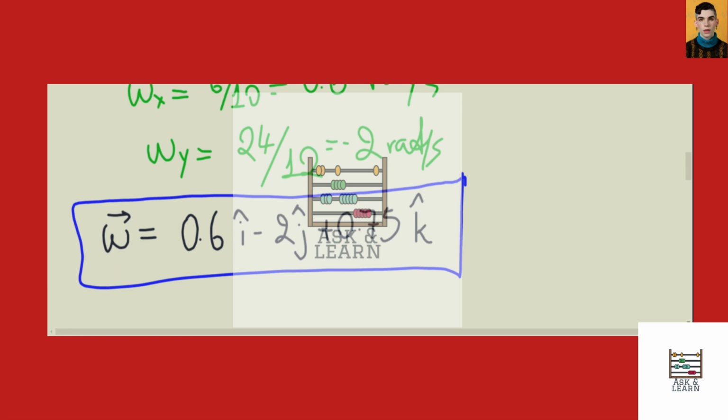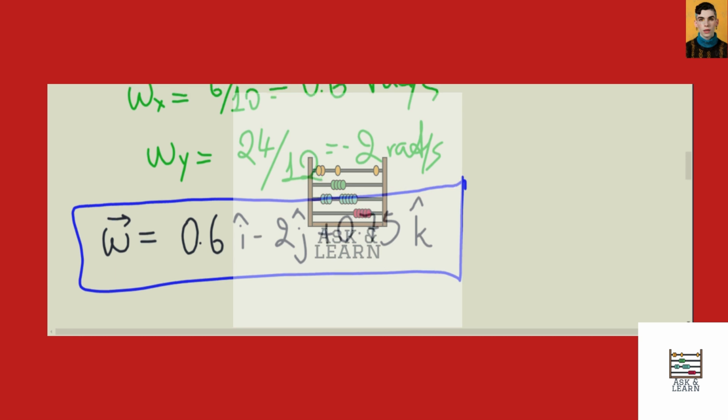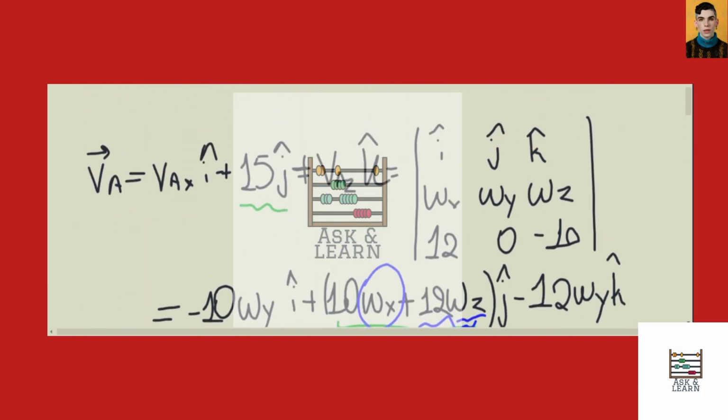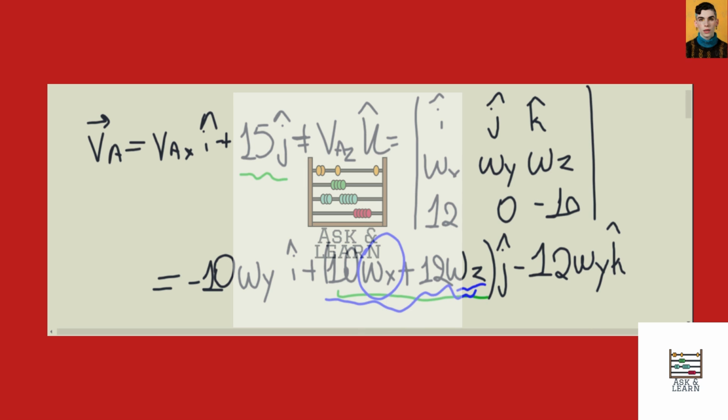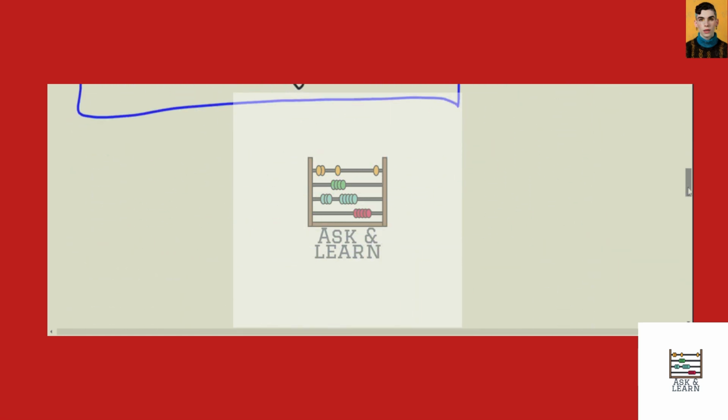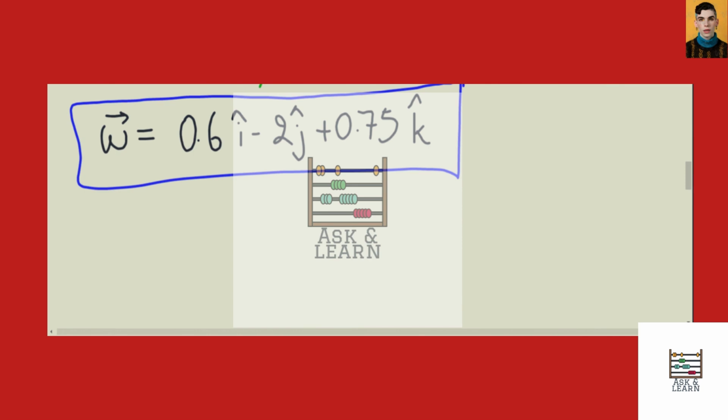And then immediately for the velocity of point A, we just need to actually evaluate these two expressions. And since we have already calculated the y component of the angular velocity, we can immediately calculate it.